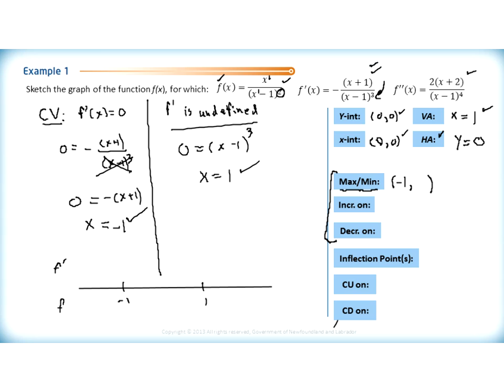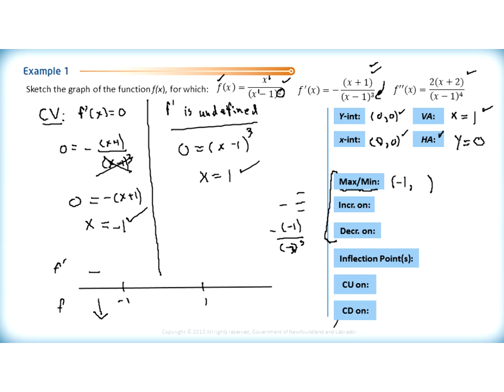And I'm going to get a negative of a negative on top over a negative cubed on the bottom. Okay, so that's going to give me a negative of a negative over a negative, which I think is going to be a negative. Wow, that's a lot of negatives. So that tells me that we're going to be decreasing until we get to x equals negative 1.